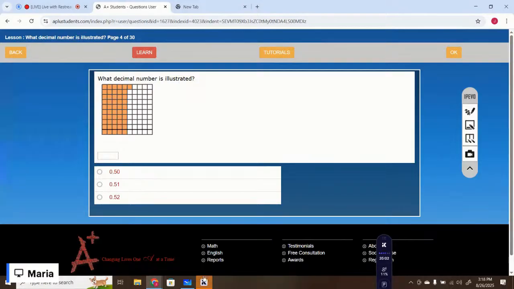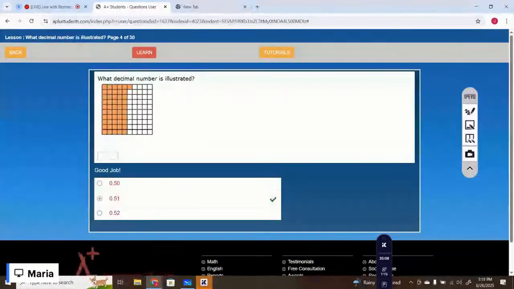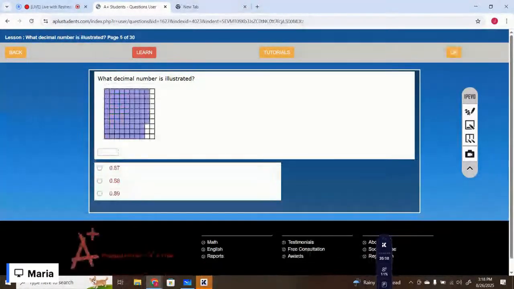That is 0.51. Option number 2 is the correct option. What decimal number is illustrated?